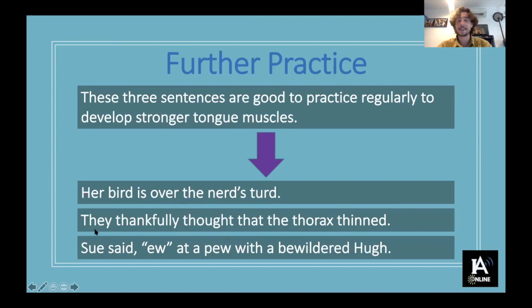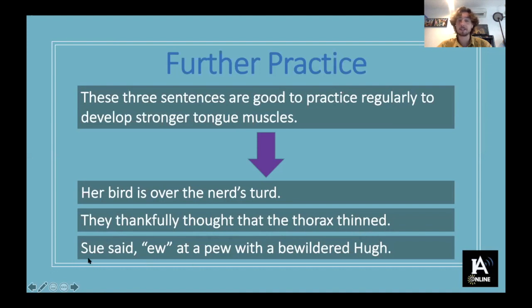So they thankfully thought that the thorax thinned. One last time. They thankfully thought that the thorax thinned.